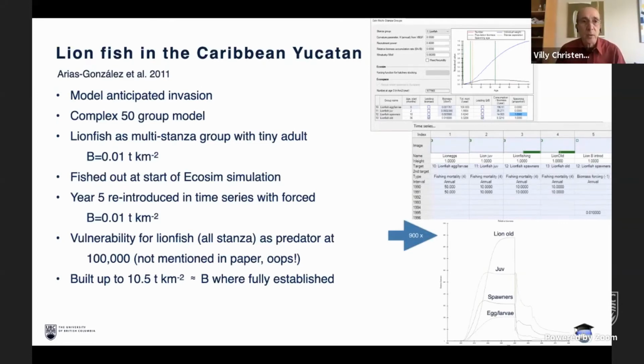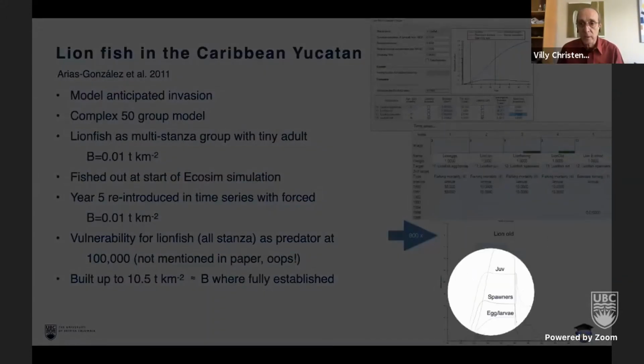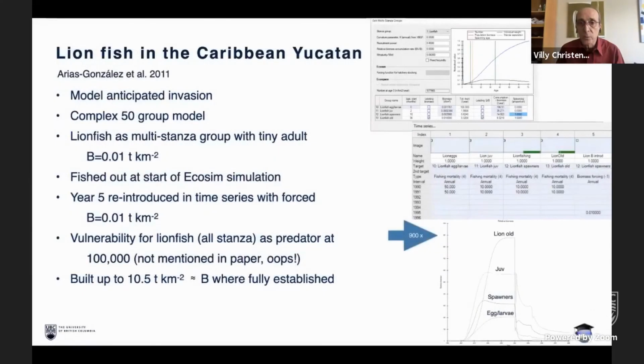So here the lionfish was fished out at the start of the Ecosim simulation, and then they were reintroduced to a small biomass after 5 years. And as you can see down in the lower right graph here, they were able to explode quite quickly.